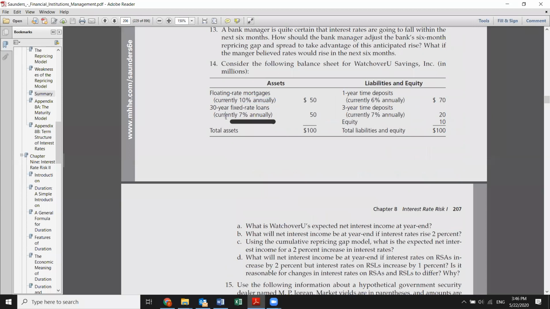I knew that you were going to ask this. The reason is when we consider them and when we don't. If you read the question carefully, it asks what is the expected net interest income, the expected value. Then you should consider this.